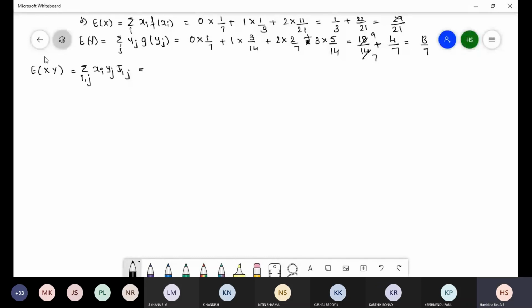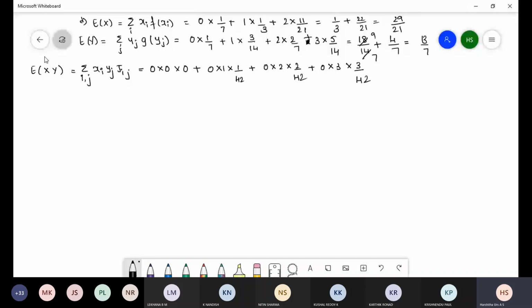So first one 0 into 0 into 0 plus 0 into 1 into 1 by 42, 0 into 2 into 2 divided by 42. Refer the table of joint distribution where we have substituted the k value. 0 into 3 into 3 by 42. So these first four terms will be 0.